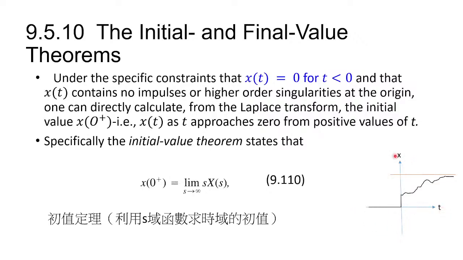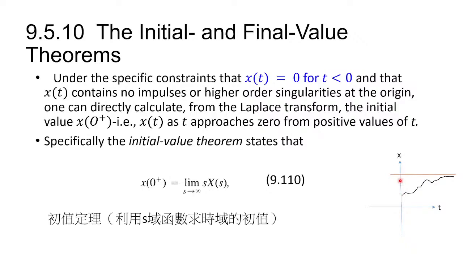On the axes, it needs to be 0 when t is less than 0, and it needs to be kind of nice around the t equals 0 line, so there's no weird impulse or anything like that.